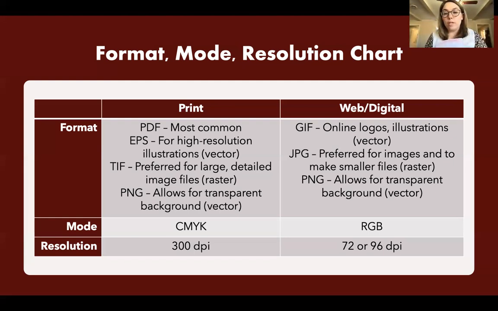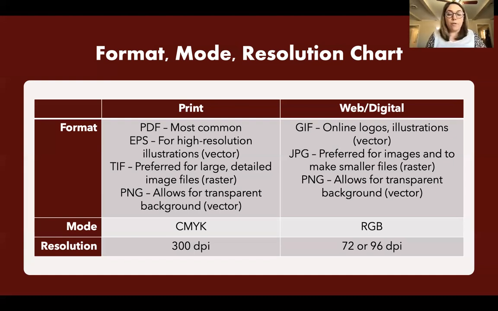Then you need it to be a PNG, especially if you have a logo where you want just the black part to show up when you put it on a red piece of paper. You want the rest of it to be transparent. You only want the black text and the black circle to actually export. Does that make sense? If y'all have questions, please reach out to me and I'll explain it better.